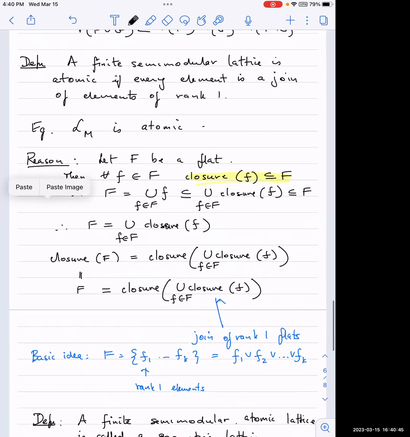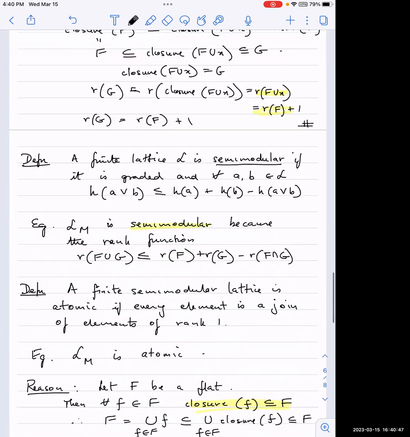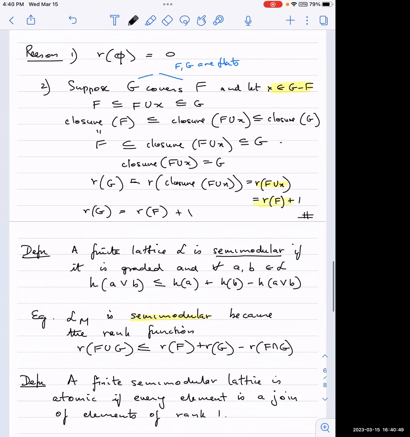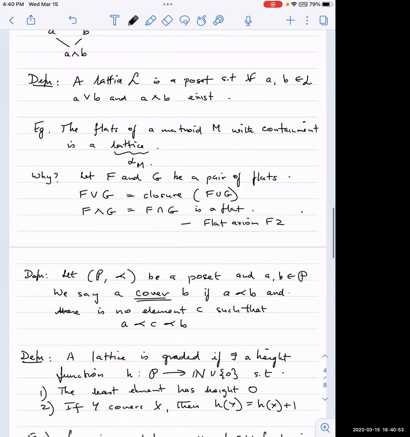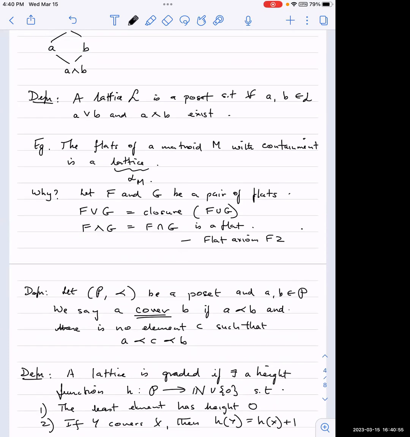This is the one that showed it's atomic. Then we had the rank function become the height function, and this reason here.